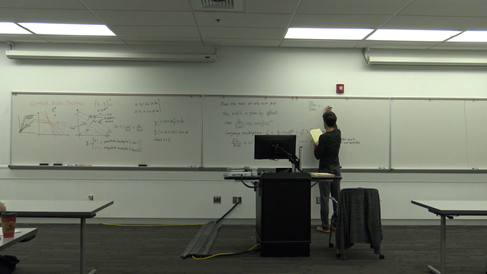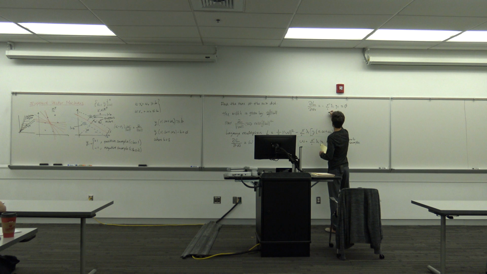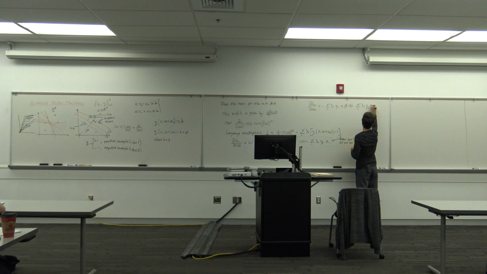So this is negative the sum of lambda i yi, right? Yi times 1, yes. I set this equal to 0 again, and that gives me the other solution, which is that the sum over all i of lambda i yi is equal to 0.